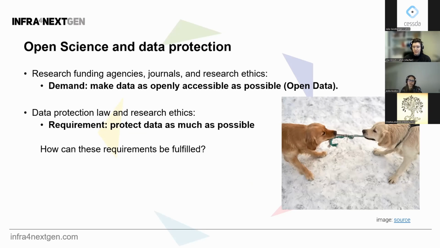But on the other hand, research funding agencies, journals, and research ethics more and more push in the direction of, and enforce more and more requirements towards, open science and require researchers to make data openly accessible, as openly as possible. So in the beginning of this open science movement, the idea was to make data openly accessible to everyone under the slogan of open data.